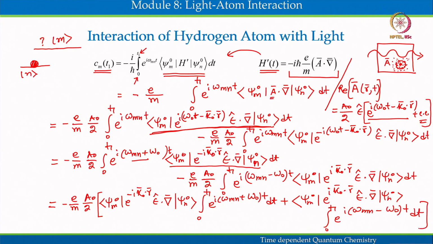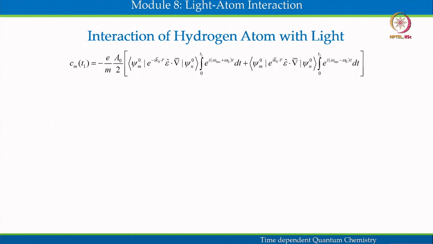This is what we finally get after reducing the equation, which we had in the previous slide. We will further reduce this equation, but we will now focus on the time integration part first.